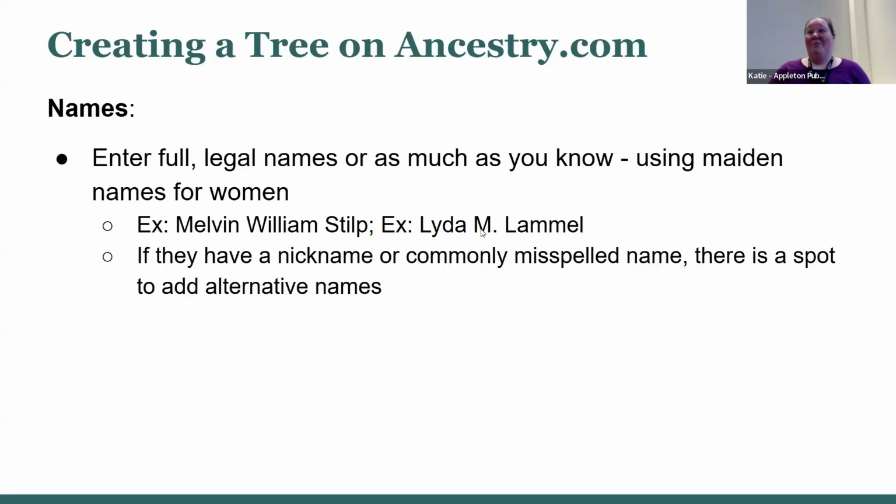I just know her middle initial is M at this point. And then I've got her maiden name here because Ancestry in your tree is going to connect that she is the wife of, she's actually the mother of Melvin. So you put as much information as you can at this point. Maybe later on you'll find a record that tells you what that M stands for, and then you can go in there and edit it later.